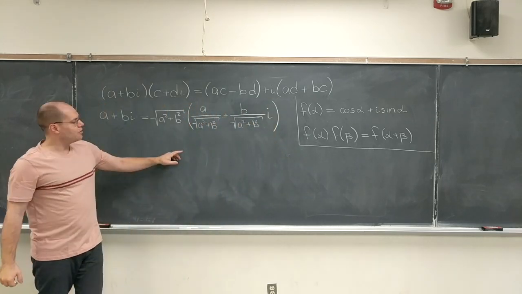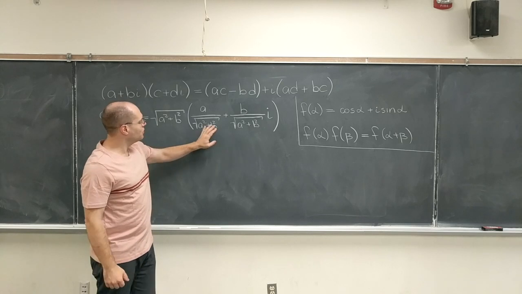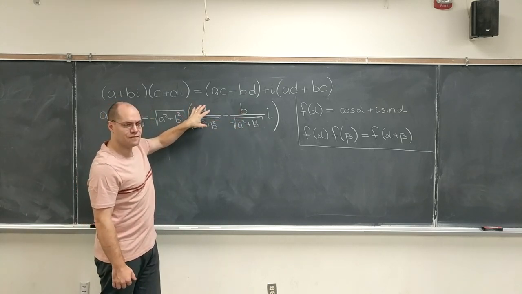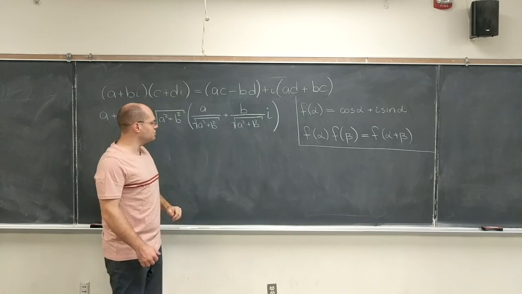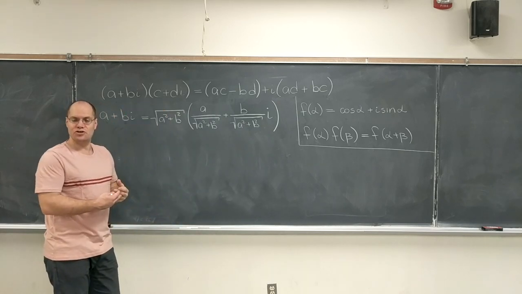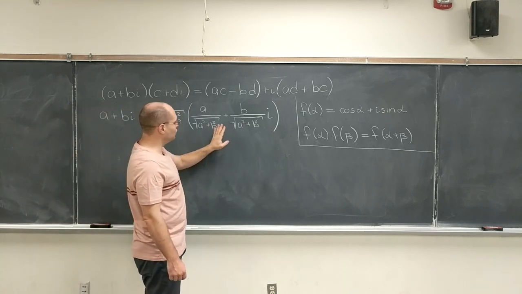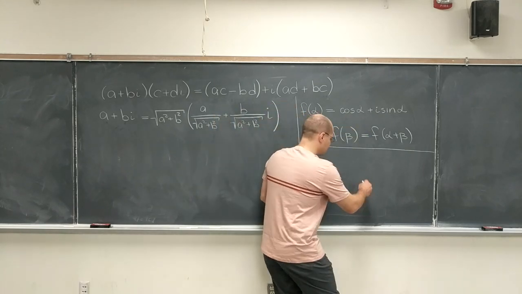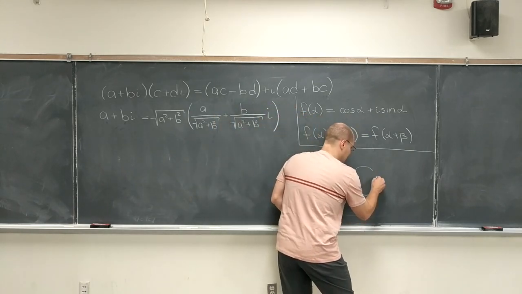And so now inside we have a complex number such that if you square its real and imaginary parts and add them together, you get 1. So this is a number of this form. Here comes my unit circle back.